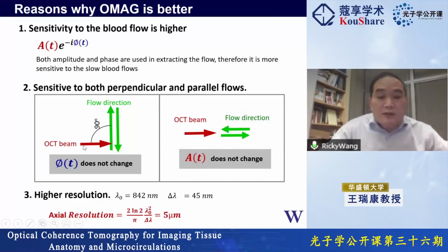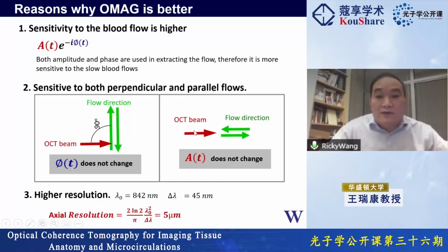If the blood flow is 90 degrees perpendicular to your OCT beam, which means that your Doppler angle is 90 degrees, in this case, if you use the OCT to look at this perpendicular blood flow, the phase does not change. So therefore, if you use the phase variance, you won't see this blood flow at all.